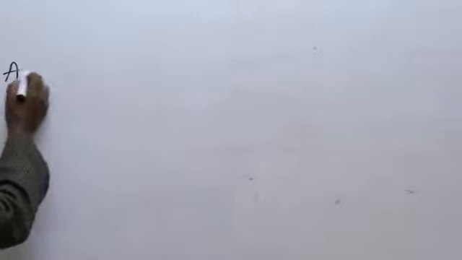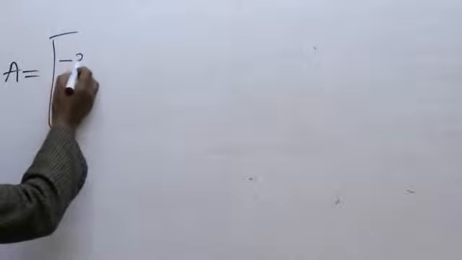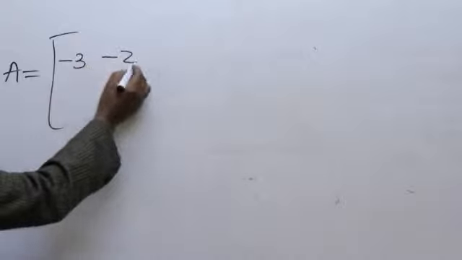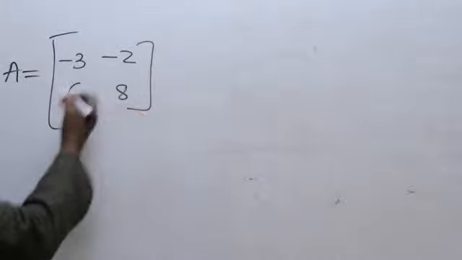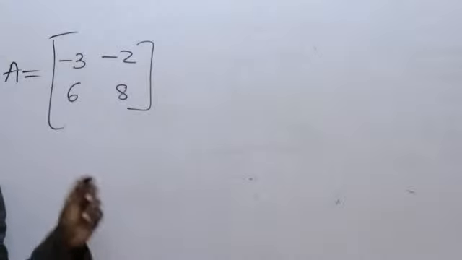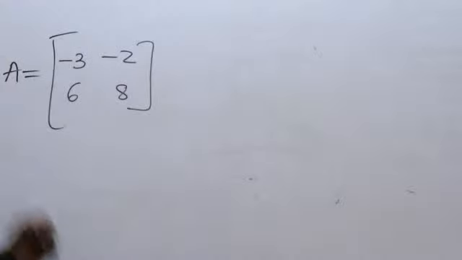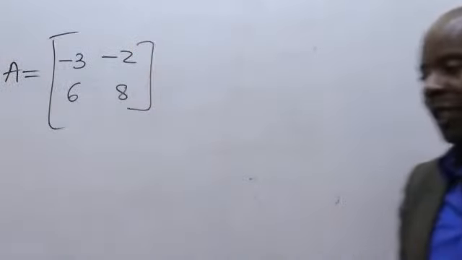You're given A equals -3, then we have -2, then we have 6, ladies and gentlemen, and 8. And then somebody tells you to find the inverse of this particular matrix.